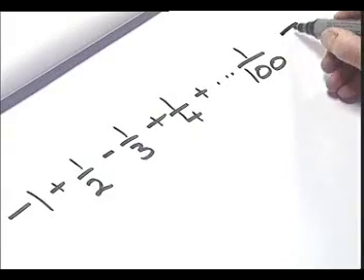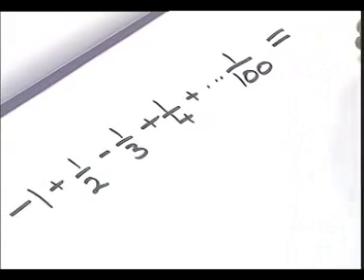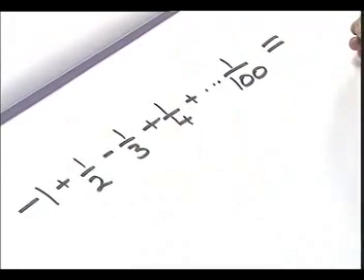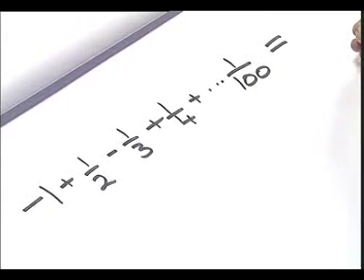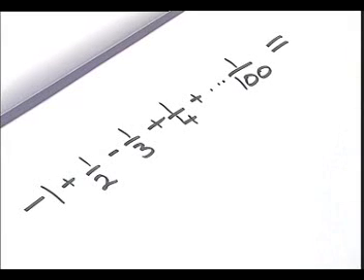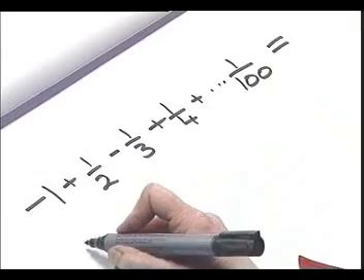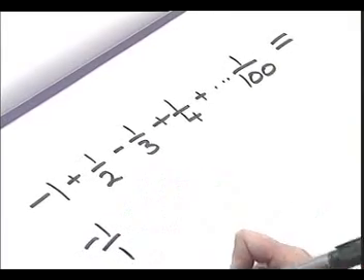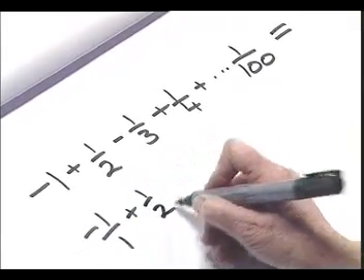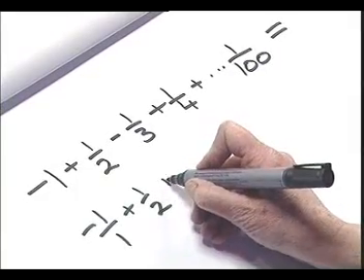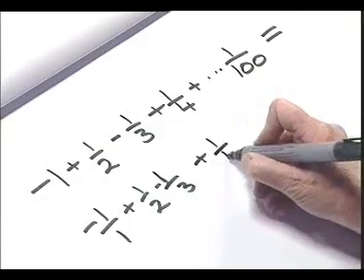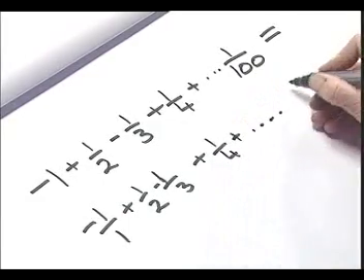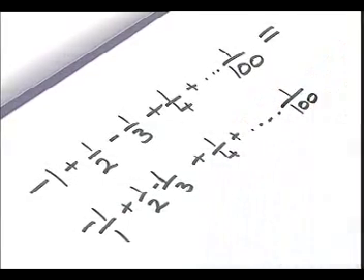Now the trick in this case is to rewrite all of these in terms of fractions, and then use -1 to a power. So if we look at this, we can rewrite this as -1 over 1 plus a half minus 1 over 3 plus a quarter plus, and so on, to 1 over 100.